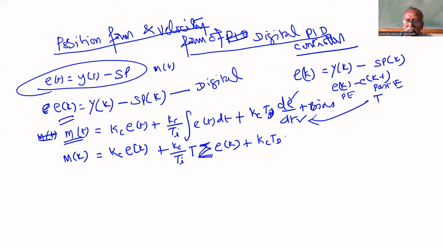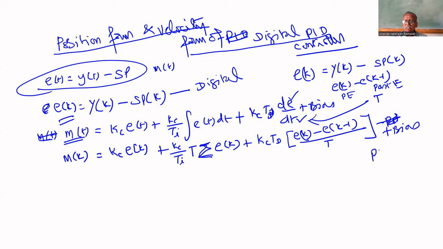Therefore, we can write Kc Td multiplied by E of k minus E of k minus 1 divided by T, putting the sampling period instead of dt. This is approximated in the digital domain. This is the digital position form of the controller, plus bias.